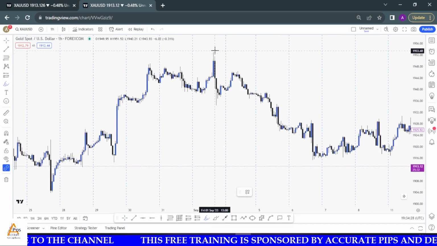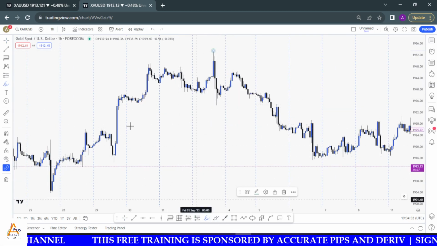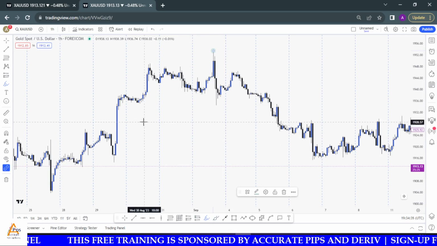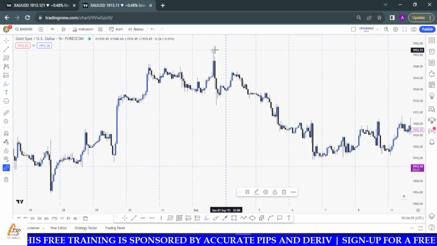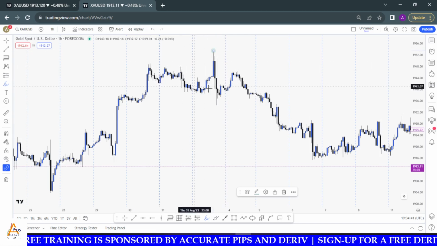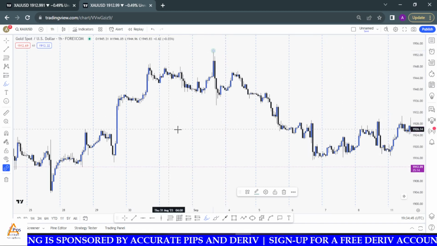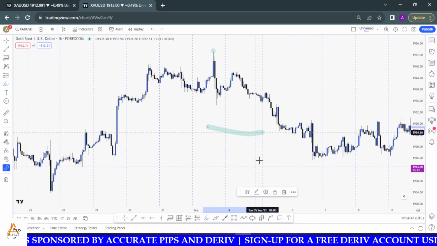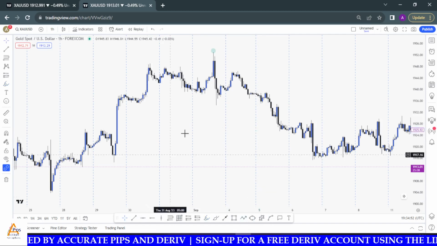So let's see where is our IDM, because this is our high, but where is our IDM that confirmed our high, our last valid pullback?